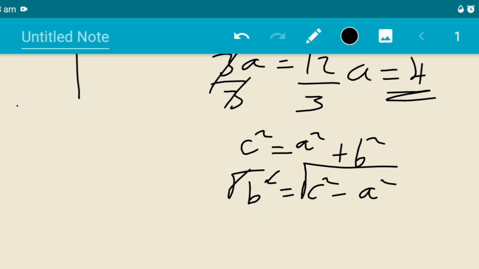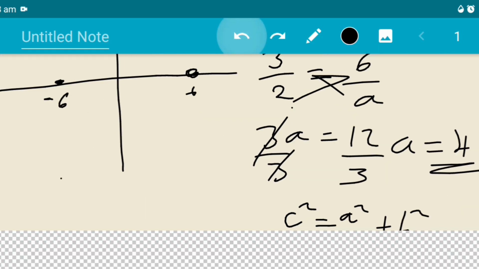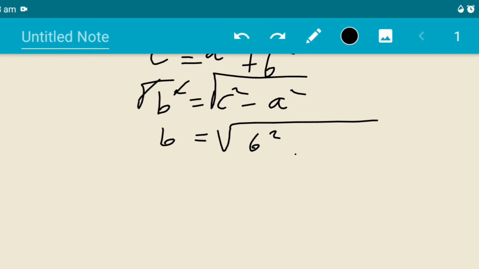Let me take everything this side, and I think I have enough space for now. So b would be the square root of c squared minus a squared. And what is c? As we found, c is the distance from the center to the focus, which is 6 squared. Minus, what is our a?